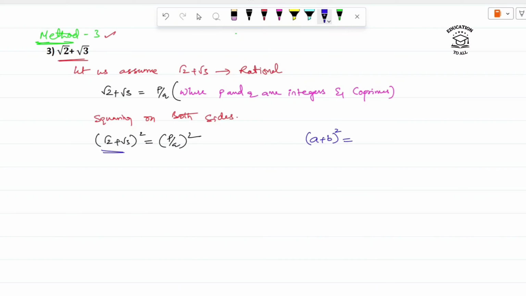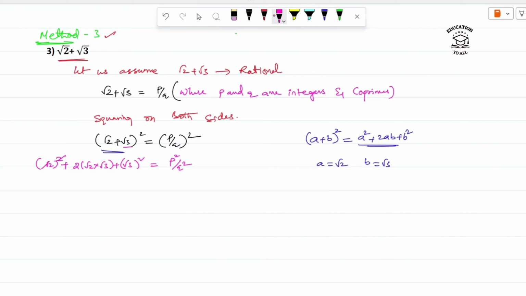If not, I'm writing here, please observe. A square plus 2ab plus b square, where a is root 2 and b is root 3, and I will expand according to the formula. So then it will be root 2 whole square plus 2 into root 2 into root 3 plus root 3 whole square is equal to p by q whole square, means p square by q square.